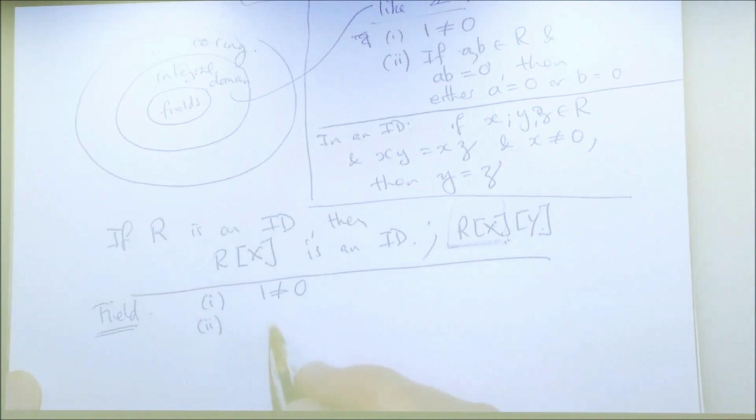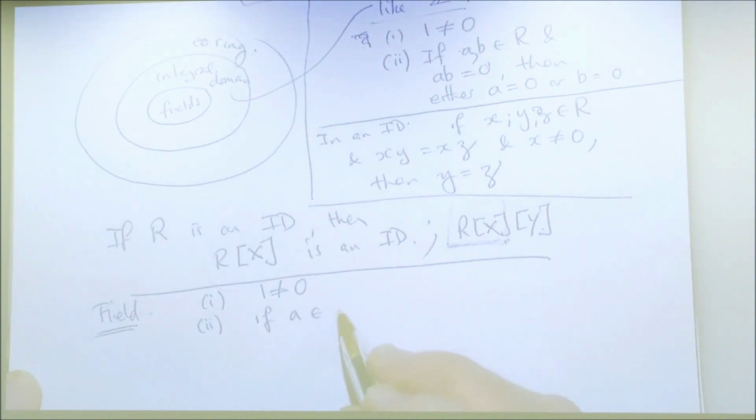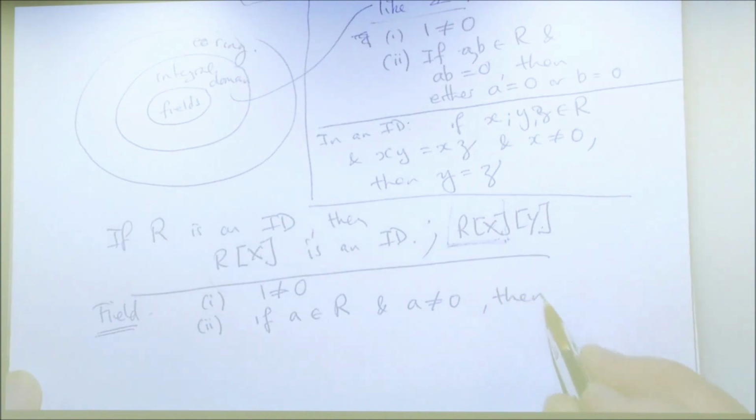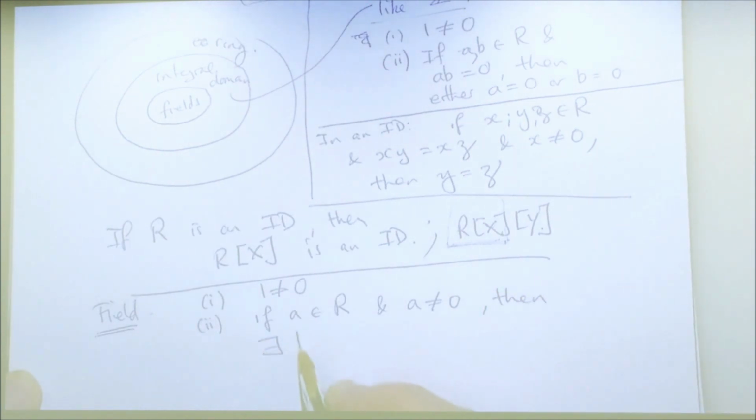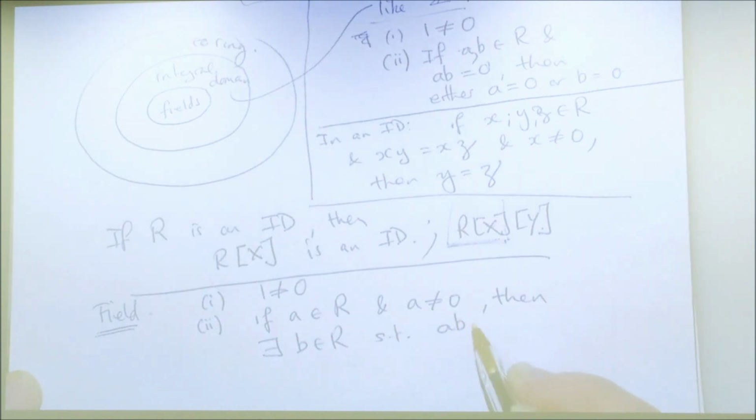Secondly, you insist that if A is in the ring and A is not 0, then there exists B in the ring such that AB is equal to 1. So every element has a multiplicative inverse.